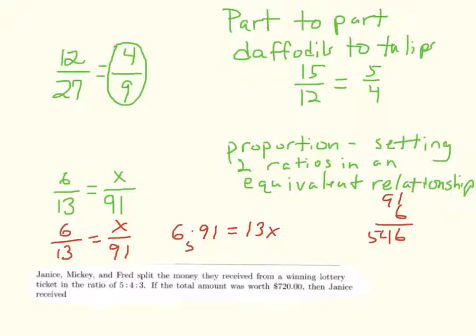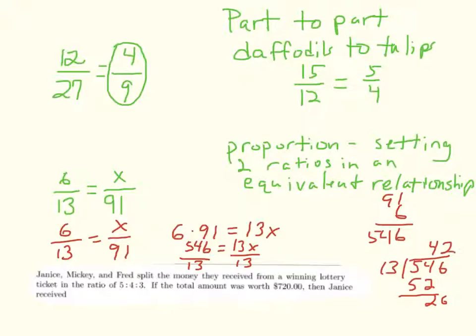So 546 equals 13x divided by 13, and that is so there are 4 and there's 26, so there's 42, so x equals 42 cats.